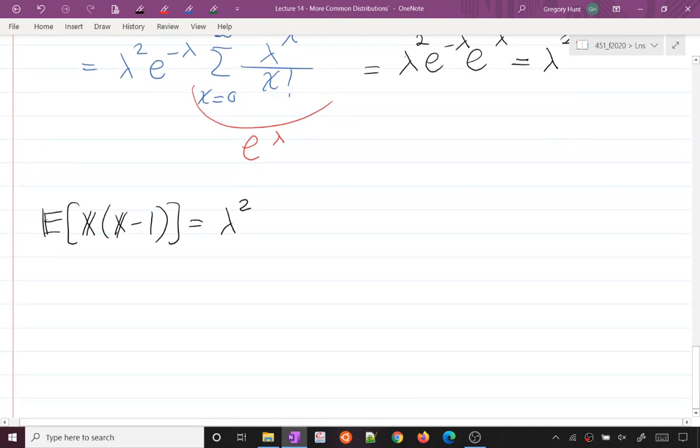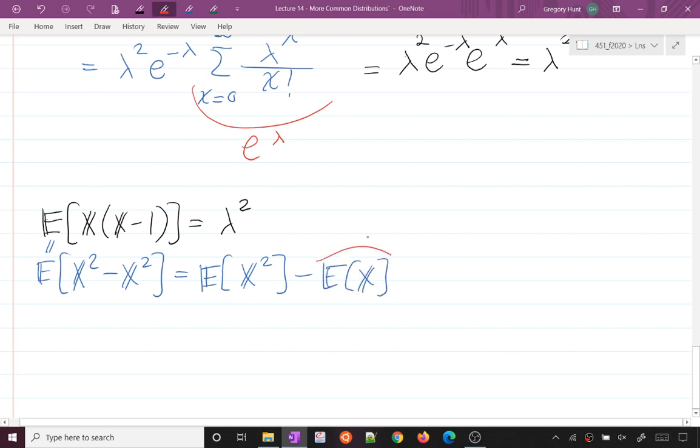We don't need to do it. In this case, of course, we can expand this out as x squared minus x. So those are equal. And of course, I can distribute my expected value over a minus sign, so E of x squared minus E of x.